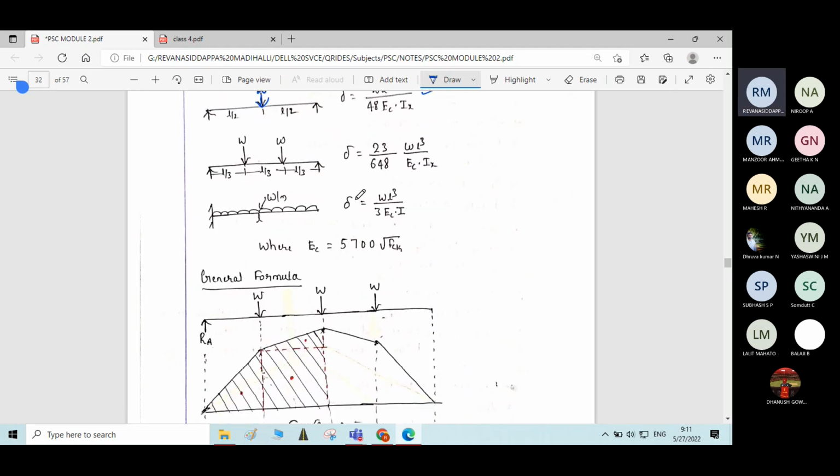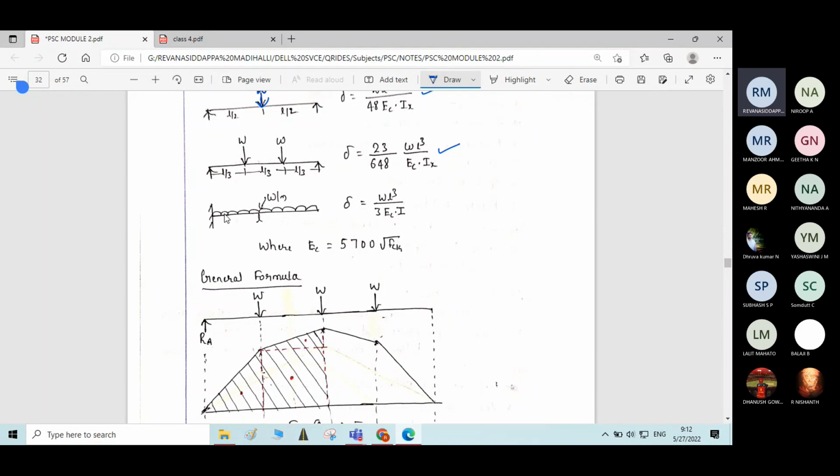If 2-point loading is given in the problem, that is, if the beam is acted upon by 2-point loads which are placed at 1/3 portion of the beam from either support, then we have to utilize the formula 23/648 into W Lq^3 by Ec Ix.